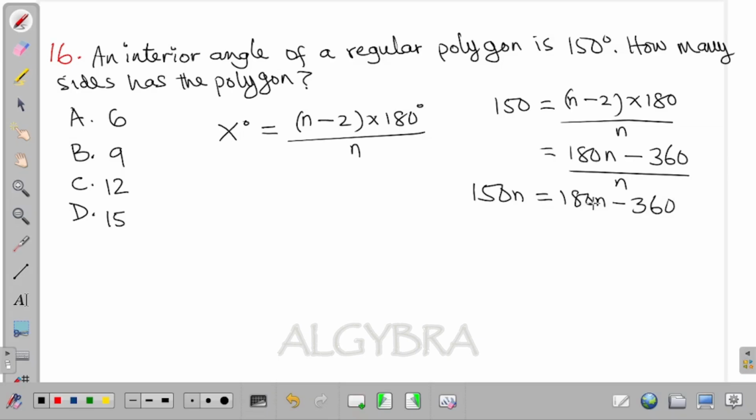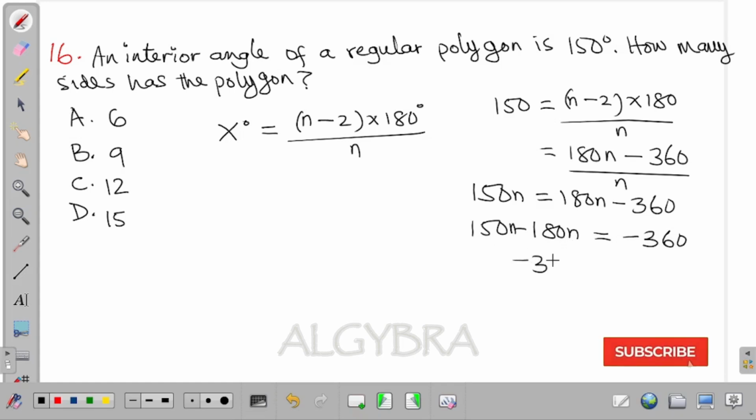minus 360. And then taking this 180n to the left hand side, I'm going to have that 150n minus 180n is equal to negative 360. So 150n minus 180n is equal to negative 30n, which is equal to negative 360.